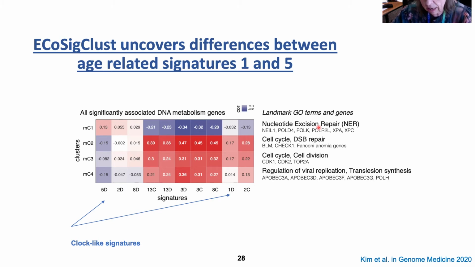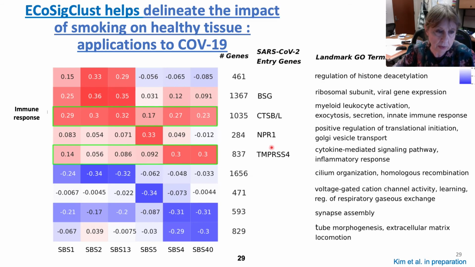The elevated activity of this pathway suggests elevated activity of those environmental factors, and one would indeed expect that the sum of the environmental factors would generate signatures that accumulate with age.